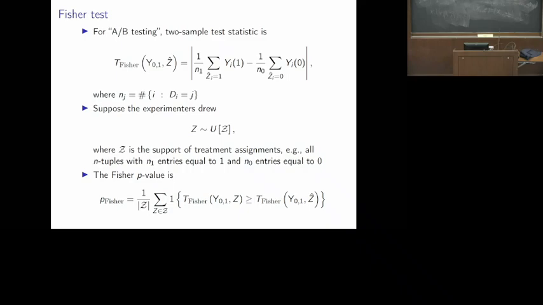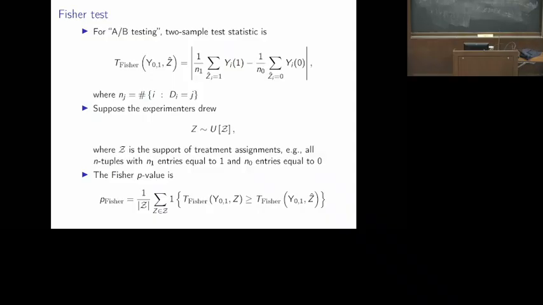There is a support for the treatment assignment. Maybe it was completely randomly assigned. Maybe I was blocking on gender. Many possibilities. I can enumerate those with multiplicity if needed, and I draw my treatment assignment uniformly from that support. How do I get a p-value?